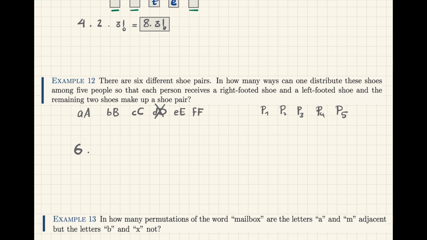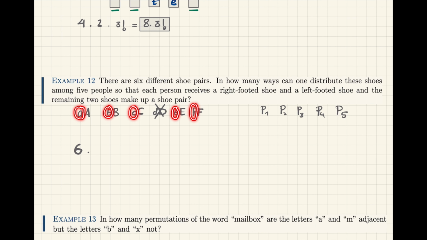I want to distribute these now to these people, but I cannot, for example, give this person A and B, because then it means that this person is receiving 2 right-footed shoes, which is not demanded in the problem. So let me just concentrate on the left-footed shoes. How many of them are there? 5 of them.